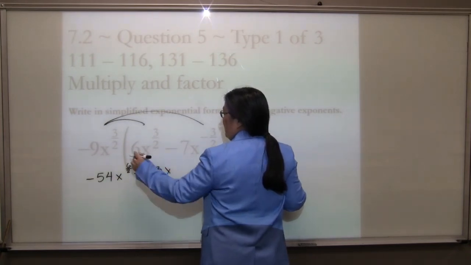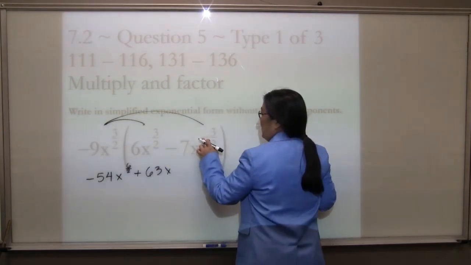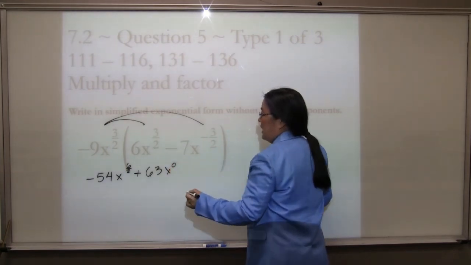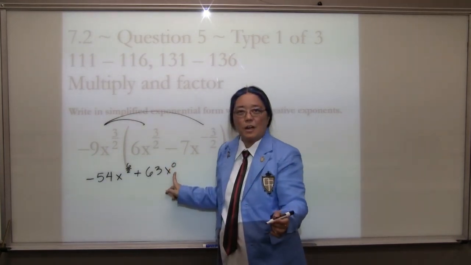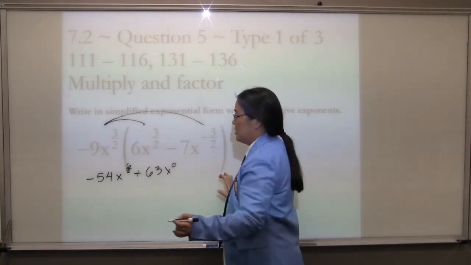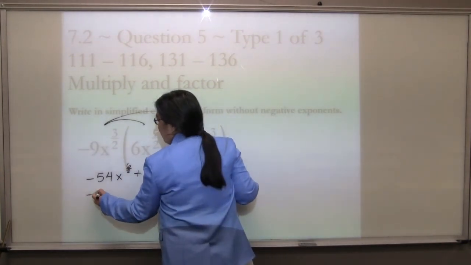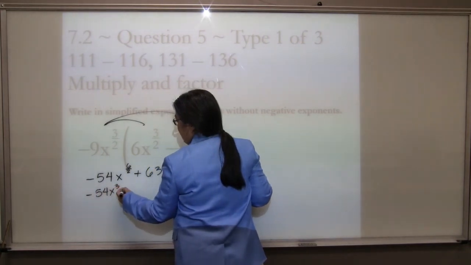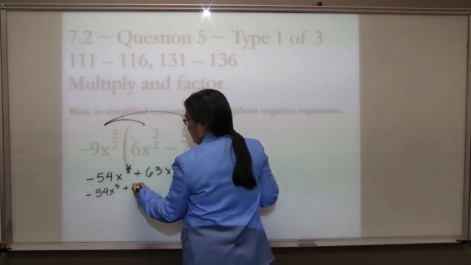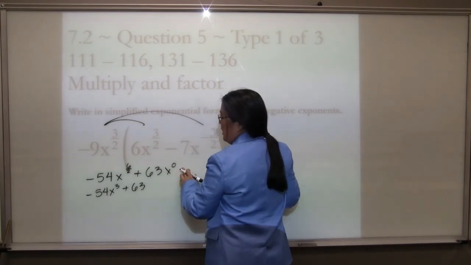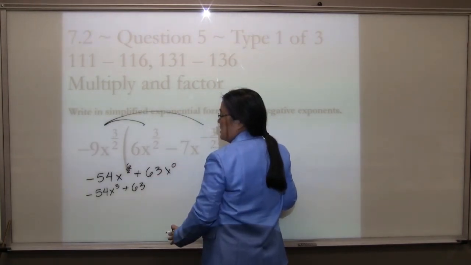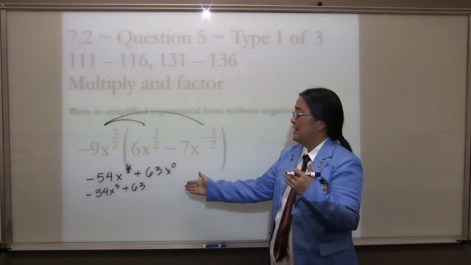And x to the 3 over 2 plus a negative 3 over 2 gives me 0. Hey, that was something from back in Chapter 1, Section 5 also. So, reducing fractions. And x to the 0 is 1. And by the multiplicative identity from Chapter 1, you just get 63, and you're done.